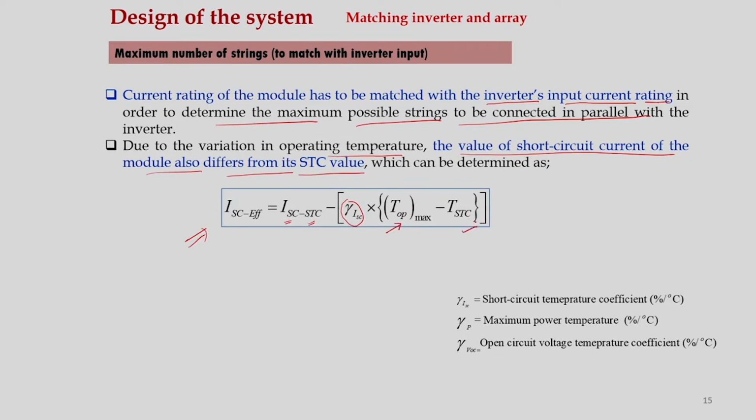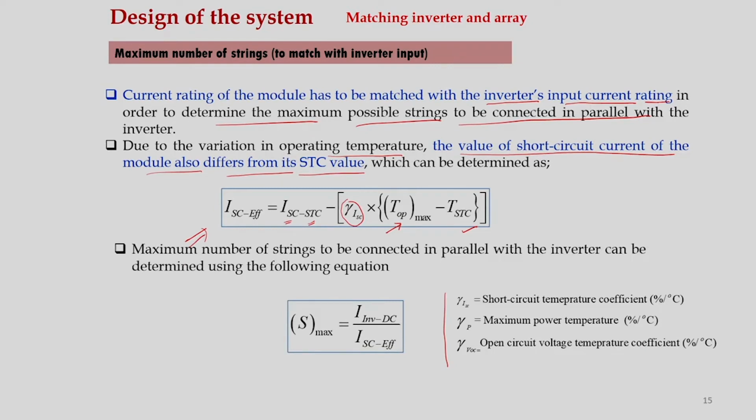T STC is normally 25 degrees C. These are the values this parameter stands for: gamma SC is the short circuit temperature coefficient, gamma P is the maximum power temperature coefficient, and gamma VOC is the open circuit voltage temperature coefficient.